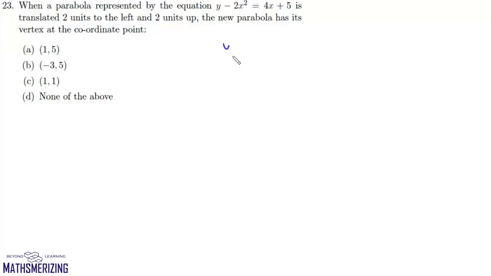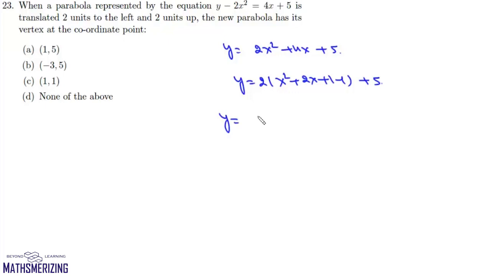Now we can write this equation as y equals 2x square plus 4x plus 5. We can write this as y equals 2 times (x square plus 2x plus 1 minus 1) and then plus 5. So it will be y equals 2 (x plus 1) whole square plus 3.